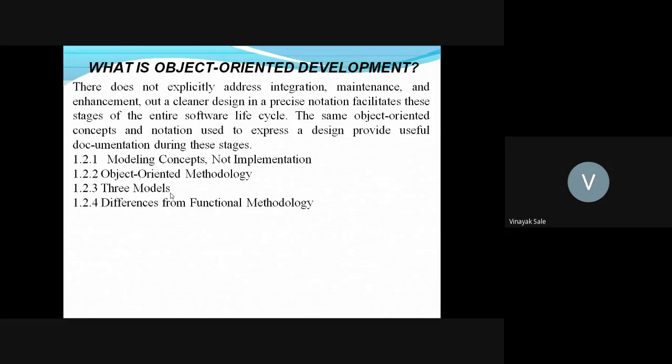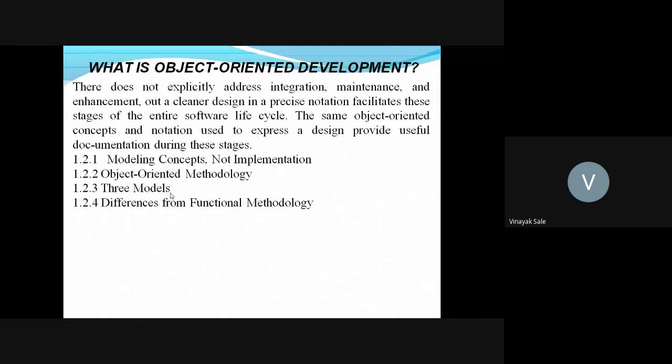There are four stages. First is modeling concepts and implementation. Second, object-oriented methodology. Third, three models, that is class, function, and object. And fourth, differences from functional methodology. So we'll study them one by one.